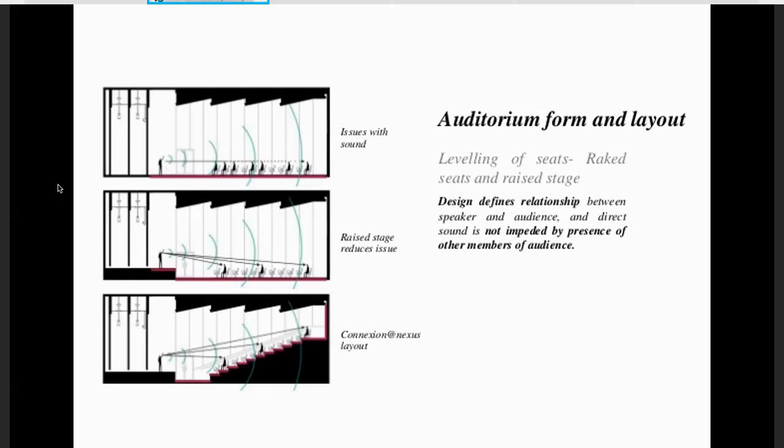And to improve the situation, we can raise the platform of the guests so that they are sitting in a staircase kind of setting, so that you can project the sound clearly to the people in front and the people who sit at the back. So this is through leveling.